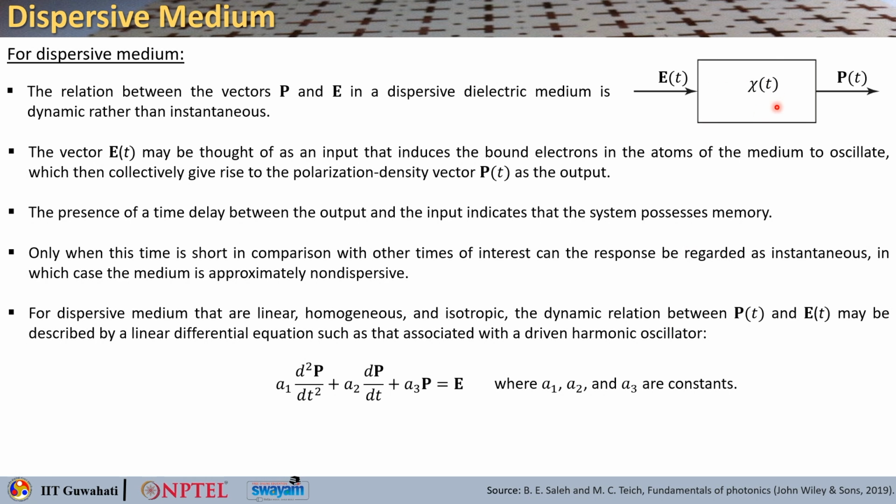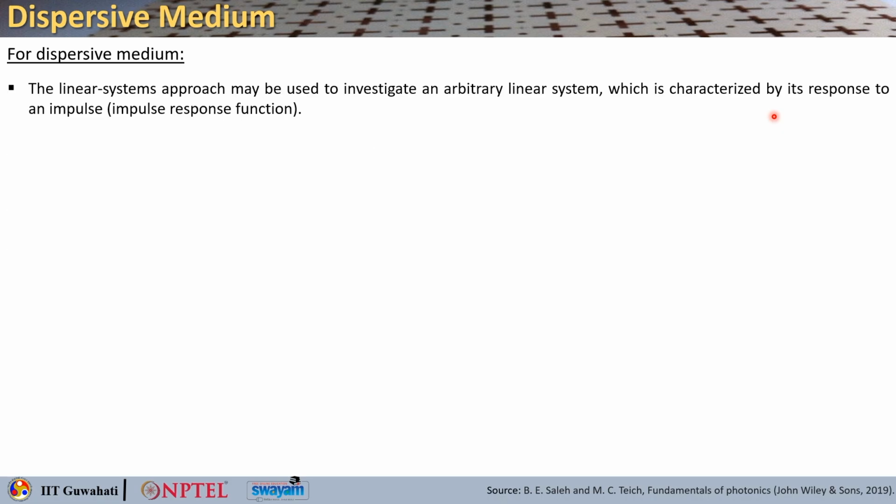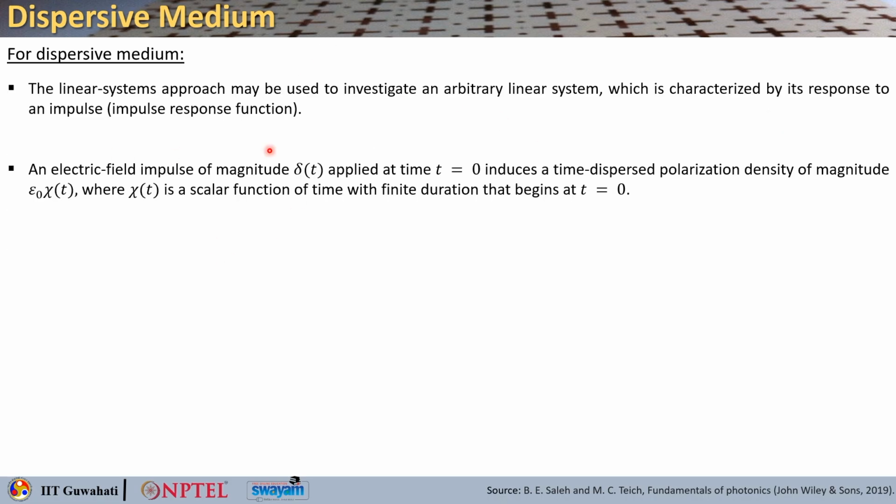That basically corresponds to a frequency dependent susceptibility, which is chi(f). You can also think of it in frequency domain terms, right. So a linear system approach may be used to investigate any arbitrary linear system which is characterized by its response to an impulse. So you are basically thinking about the impulse response function, right.